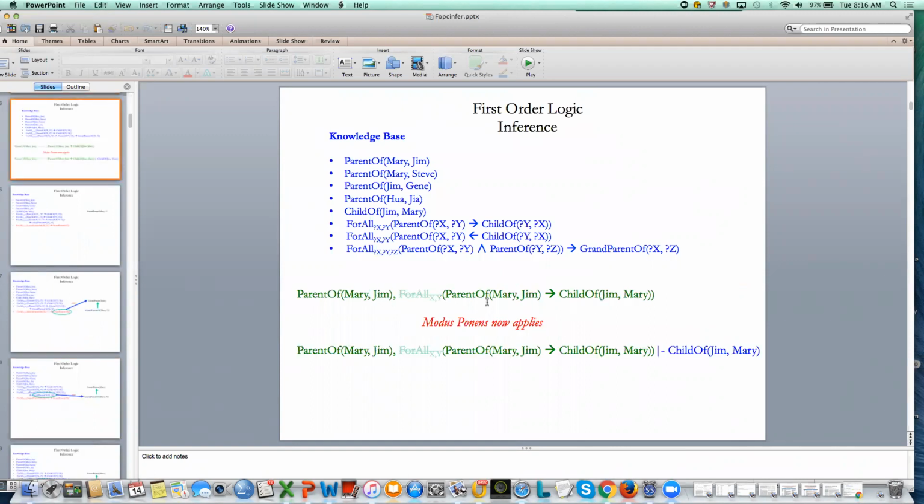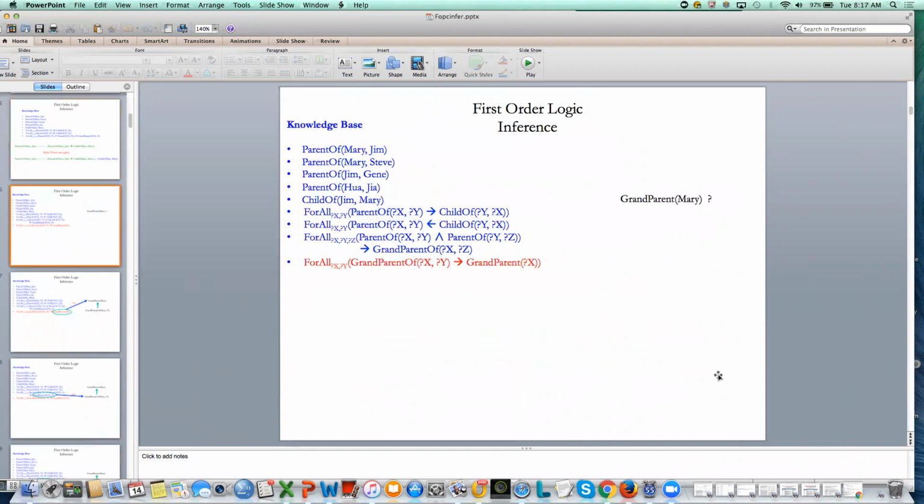And then we have the bound rule from which we can apply modus ponens. So we have a specific rule here, in which the variables have been bound. We have the antecedent to that implication, and now we can actually conclude the consequent. Because we have the implication, we have the antecedent, and so we can conclude that Jim is a child of Mary.